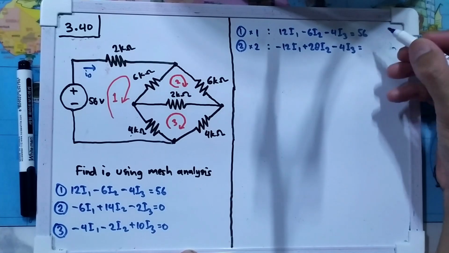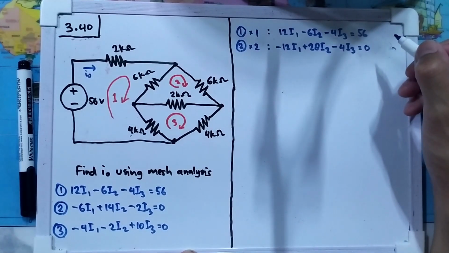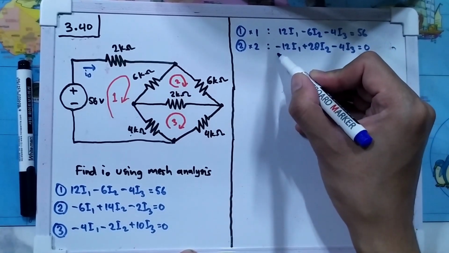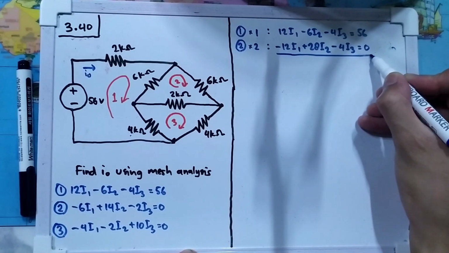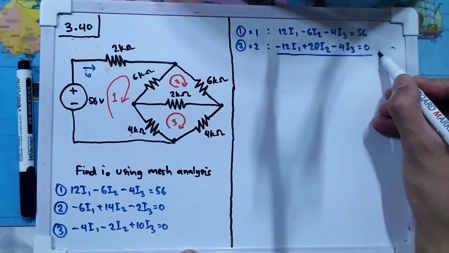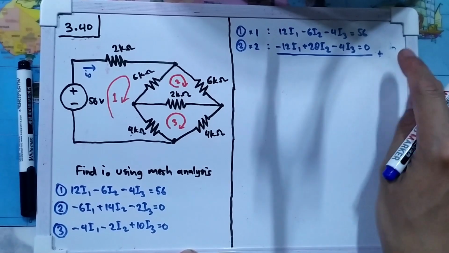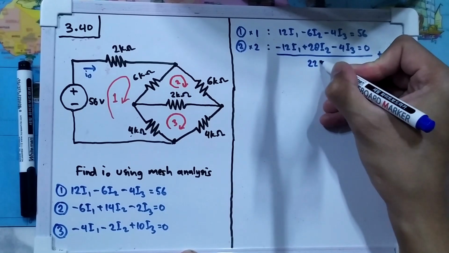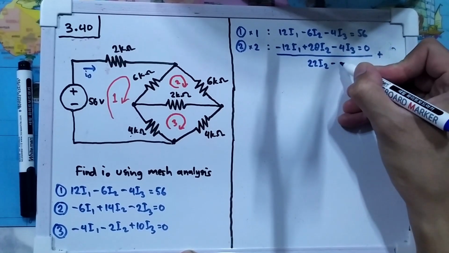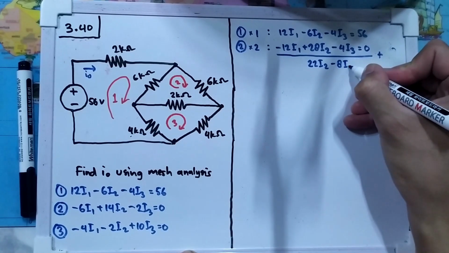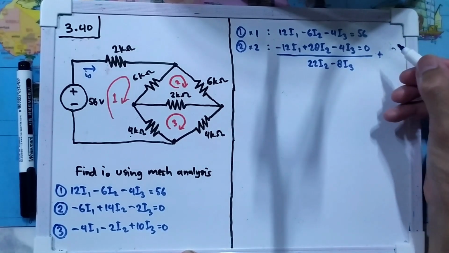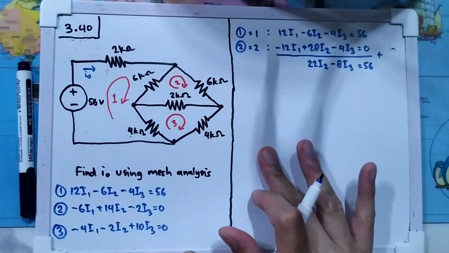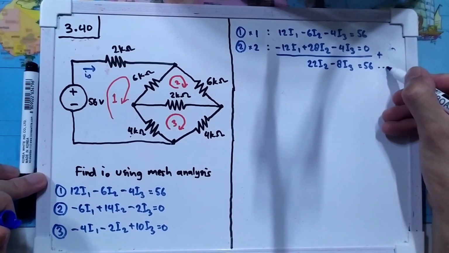Now we'll have that equal to 0, and I will eliminate this I1 by adding those two equations. So I will have, this one is 22I2 minus 8I3, and that will equal to 56. And now let's save this as equation number 4.